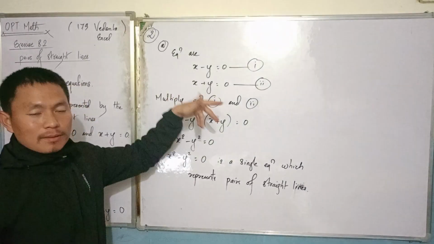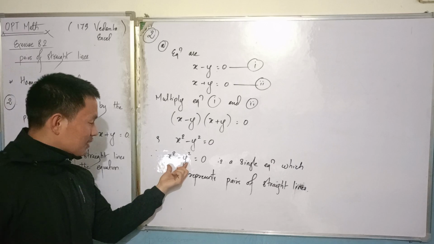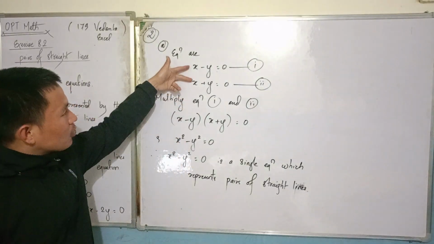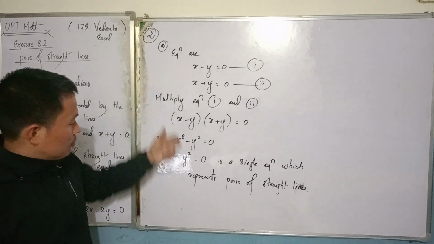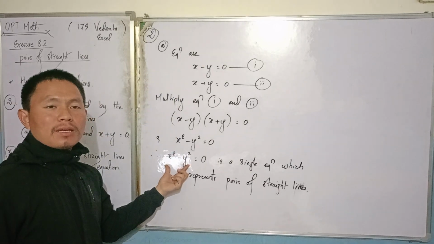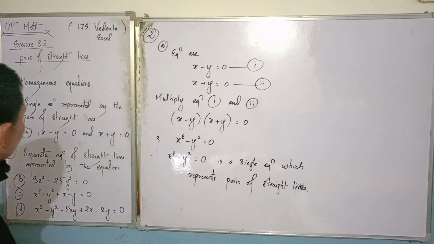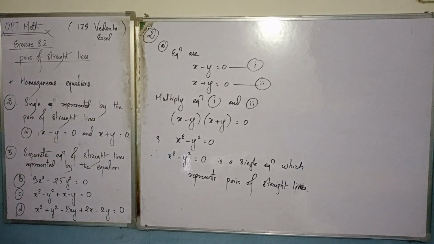But in number 3 we'll be given this type of equation, and we have to extract those two equations from this single equation. So let's move on to number 3.